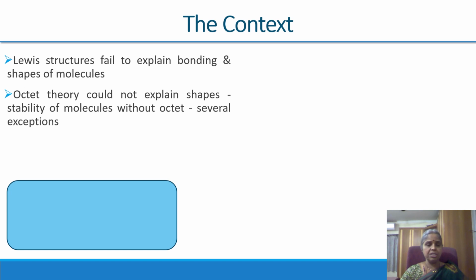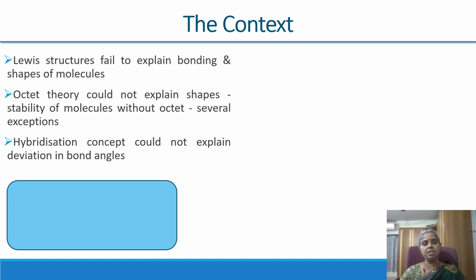Of course, to a certain extent, if the valence shell is having an octet of electrons or an octet configuration, it is stable, but there are several examples where the molecules are stable, but the central atom does not have an octet of electrons. There are some examples where the number of electrons is less than octet. There are certain other examples where the number of electrons is greater than an octet.